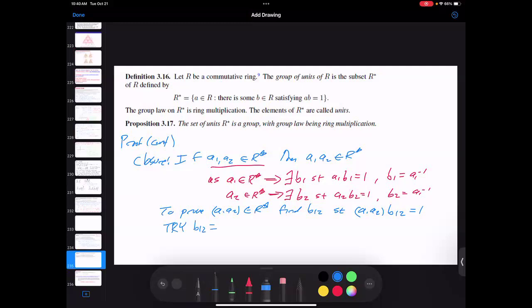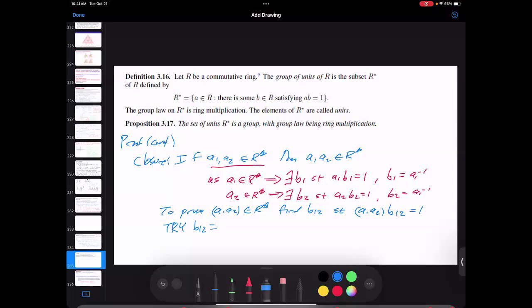I need something so that when I multiply A1, A2 on the right by B12, I get the identity. What should I try for B12? Any thoughts? Yes.